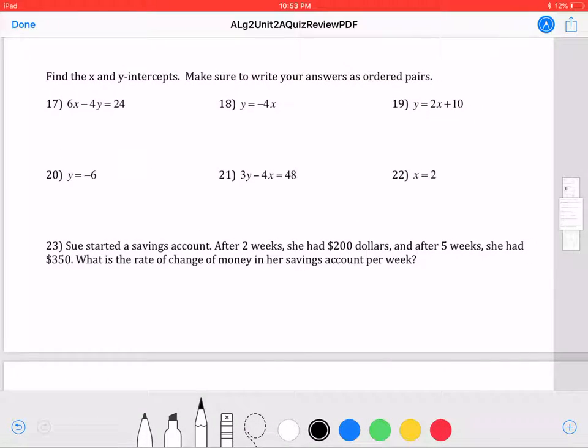Finding the x and y intercepts. For the x-intercepts, we know that y is equal to 0. So I substitute that in. 6x minus 4 times 0 equals 24.